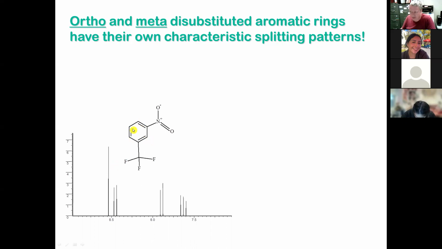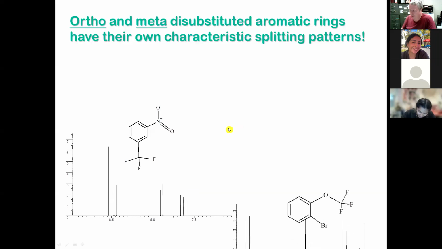And then you've got two doublets. Why? Because that's a CH, and that's a CH, and they're both doublets because they have one neighbor. And how many neighbors does this central CH have? Two. Two neighbors plus one becomes a triplet. So that's pretty cool. How do you know if you've got a meta benzene? Because you've got a singlet, two doublets, and a triplet. That's why, right?